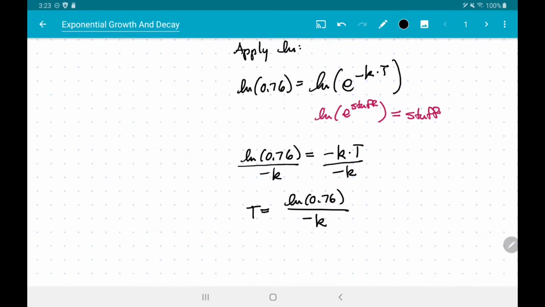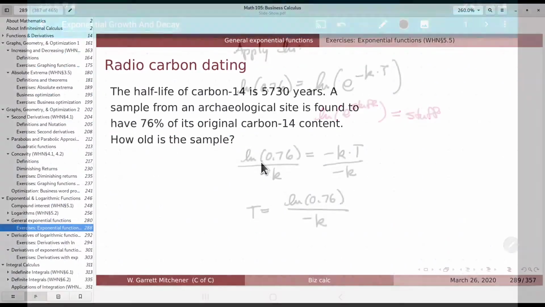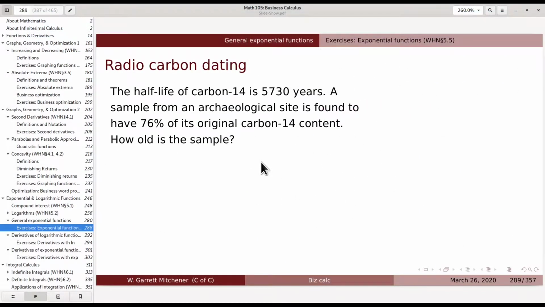But now maybe you're thinking, what do we do with this k? The problem gave us some information, but it did not tell us specifically what the rate constant was. Well, it didn't give us the rate constant, but it did give us the half-life.